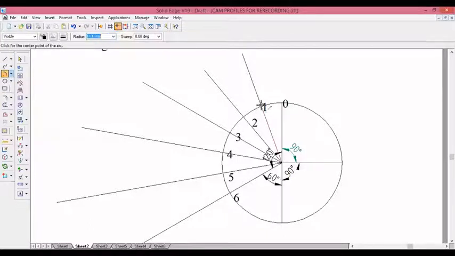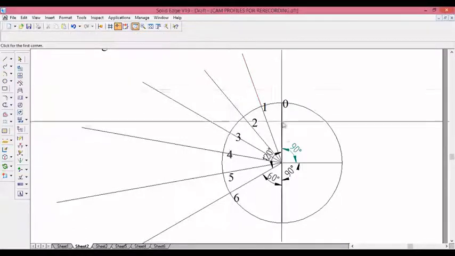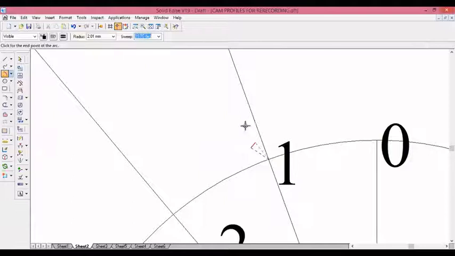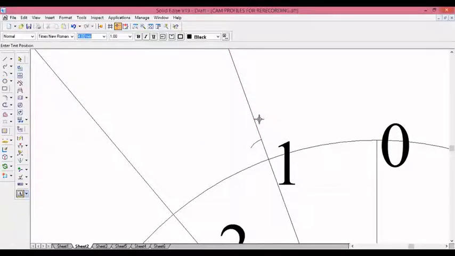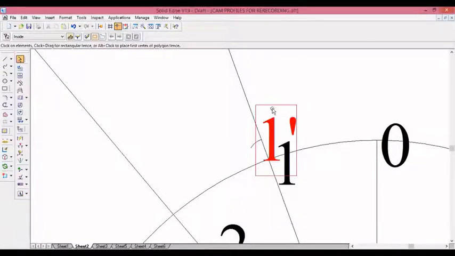Keep compass leg at that 1 and cut an arc at 1 dash. So this is 1 dash now. It's very close, it's 2 mm almost.